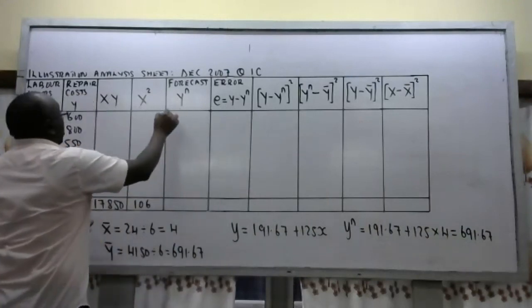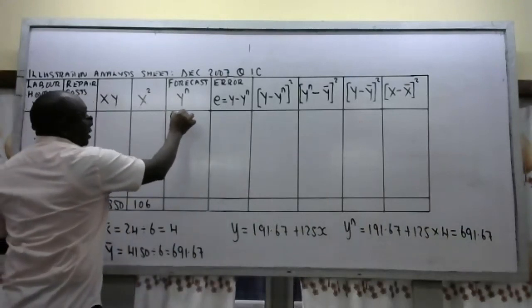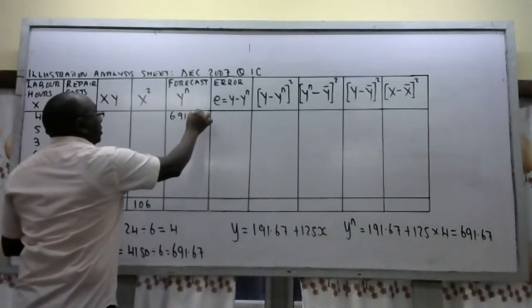So that is the one you shall write here, 691.67.